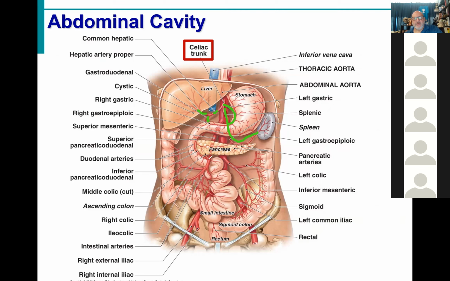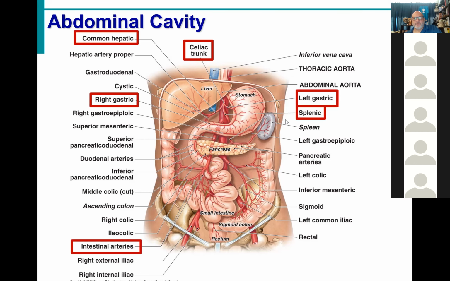Here we see how the superior mesenteric is going to the small intestine and the proximal part of the large intestine, whereas the inferior mesenteric goes to the distal part of the large intestine. So we can see some of those additional pathways that we talked about of seeing where these blood vessels go. All right, questions on that?